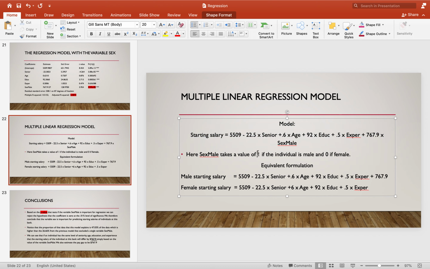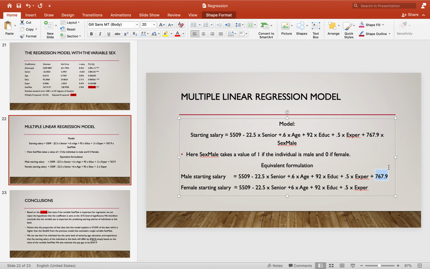It takes a value of 1 if the individual is male and 0 if female. So there's two equations. I just plug in 1 for a male starting salary. It has all the same variables, but it has an additional $767 for the date range of this data, which was the 60s and 70s. The female starting salary gets a 0 for that variable sex male, so it just doesn't have that last estimate of $767.